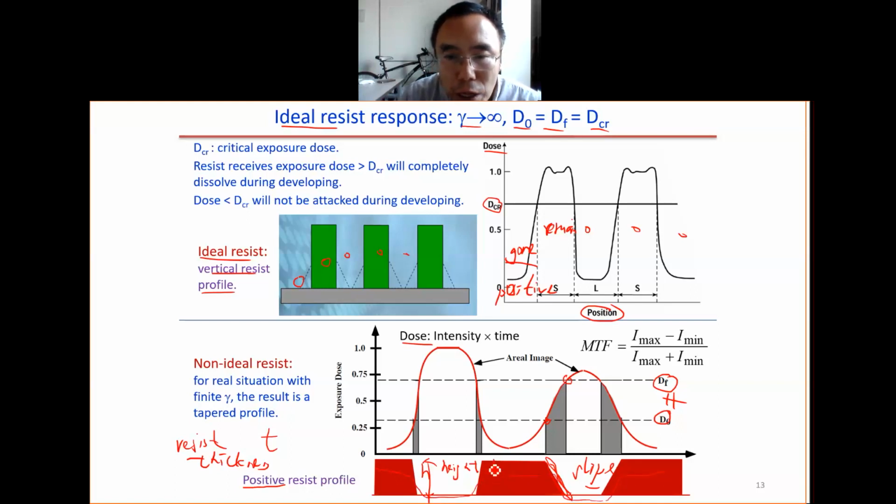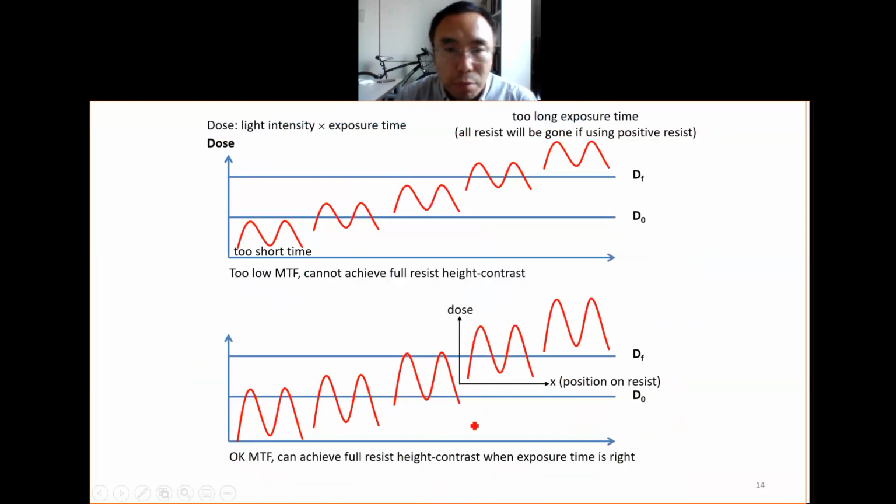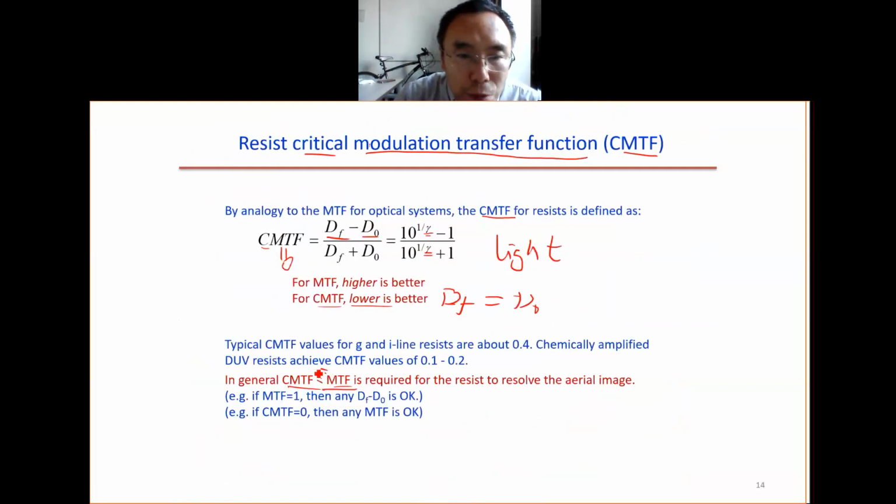Then we lose this part of the resist, and we say it's not good. So at this critical threshold, the pattern height equals the resist thickness.